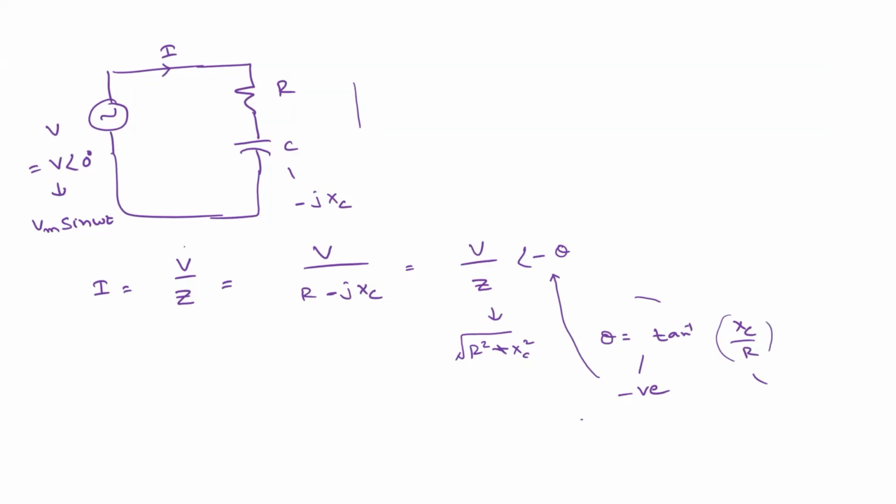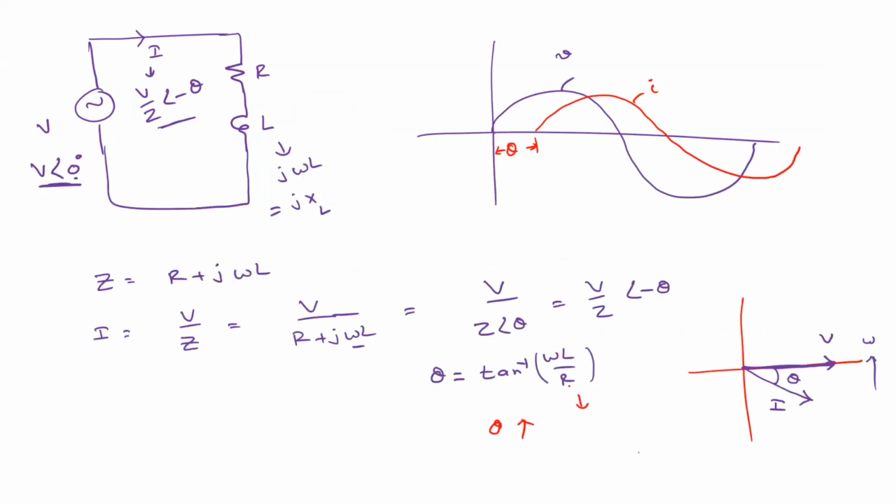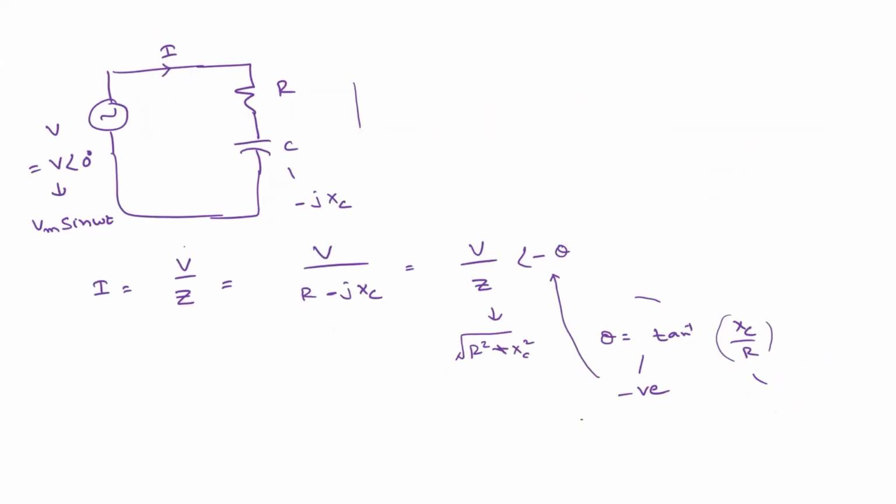So it will originally be minus XC by R, right? Clear? No, this is plus only, right? So just a small correction here.